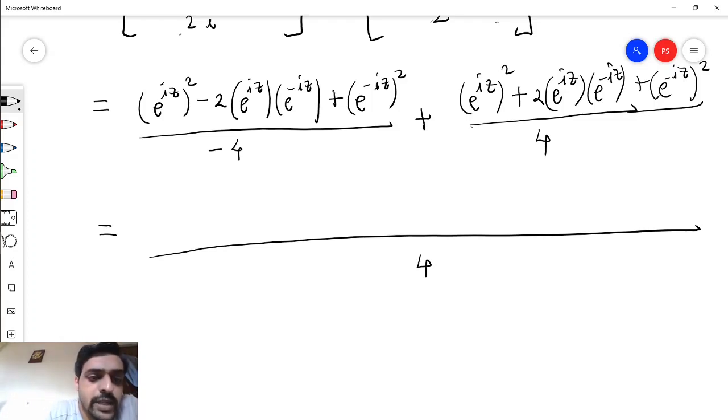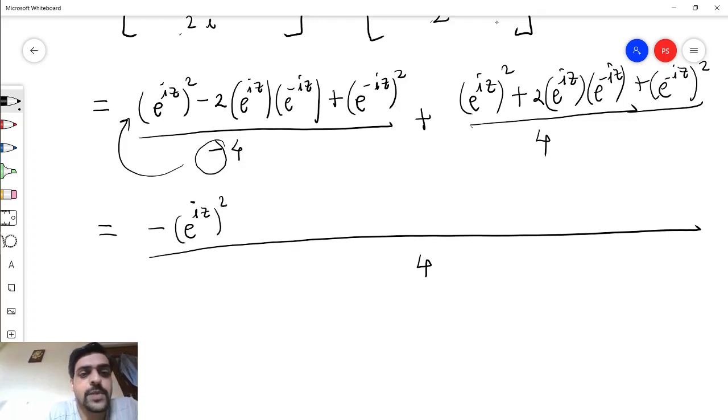Now remember that this minus sign is carried here, so I will write here minus e raised to iz squared.